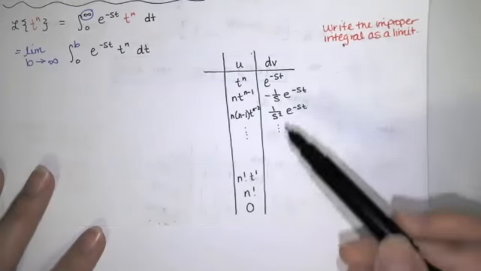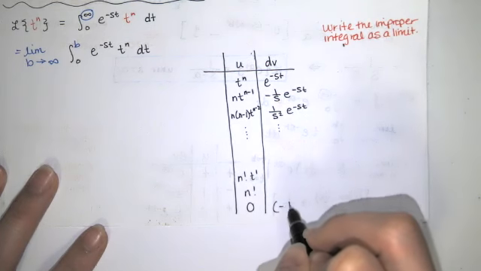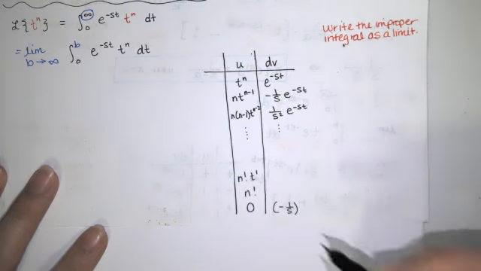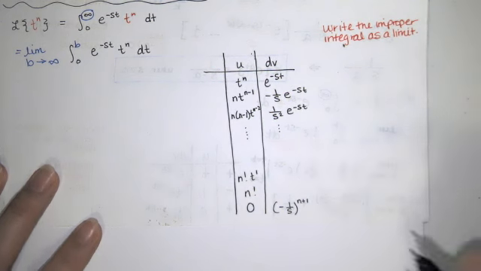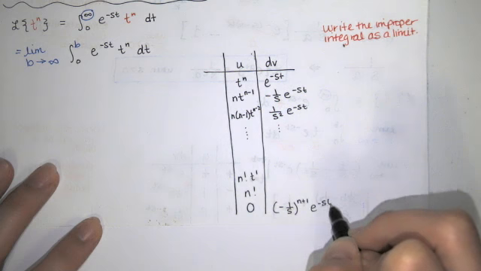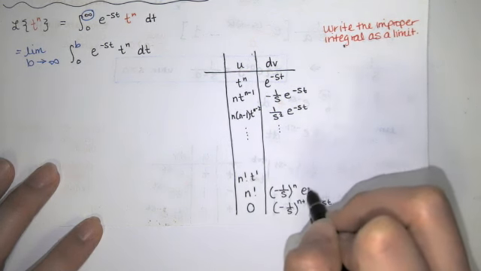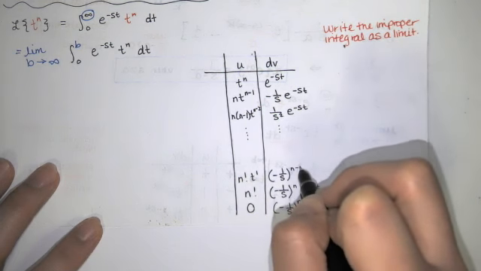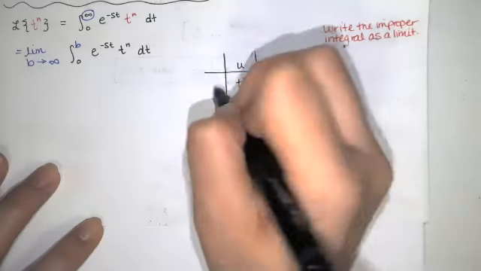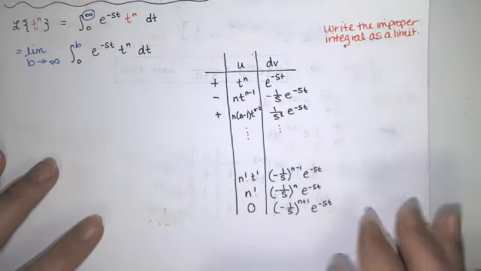So if I take the antiderivative over here, I'm multiplying by negative 1 over s, n plus 1 times. That means the one before that is negative 1 over s to the n times the exponential. And the one before that is negative 1 over s to the n minus 1 times the exponential. And then we're doing this plus minus convention.